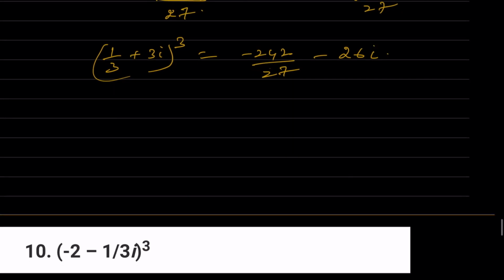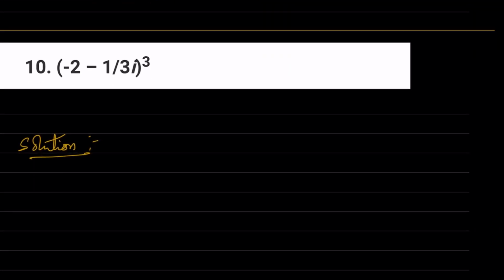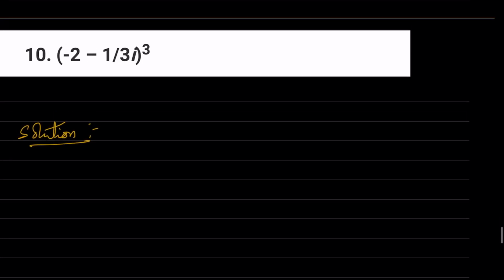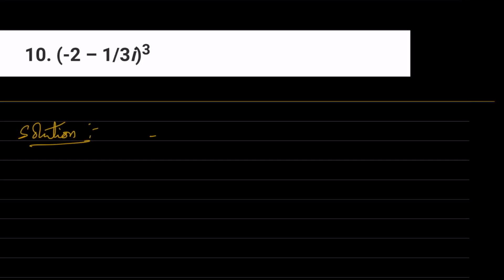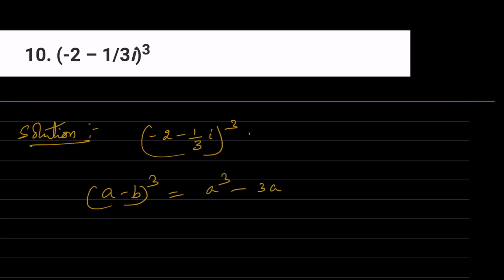Next, going to the next problem. What is the next problem given? It is (minus 2 minus 1/3 i) whole cubed. So again here also we can use the formula. (a minus b) whole cubed is equal to a cube minus 3a square b plus 3ab square minus b cubed.